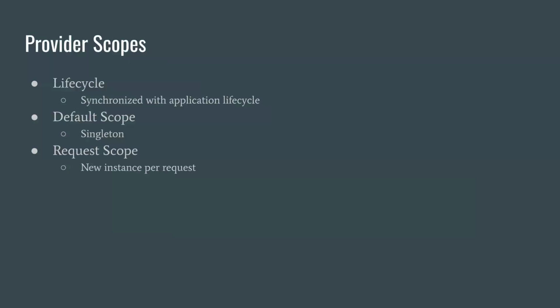However, there are ways to define providers with different lifetimes, such as request scoped providers, where a new instance is created for each request. And this flexibility allows you to manage provider life cycles according to your application's needs.